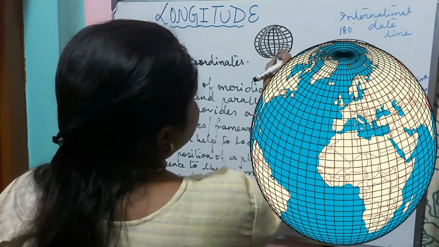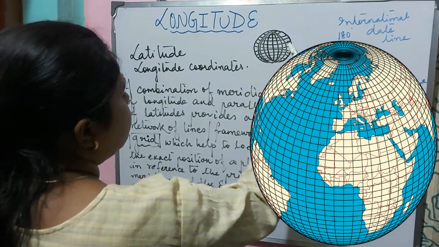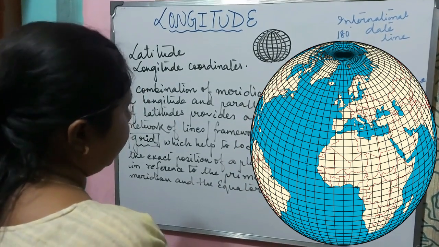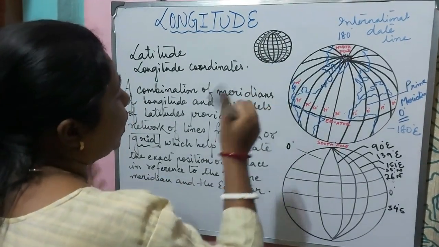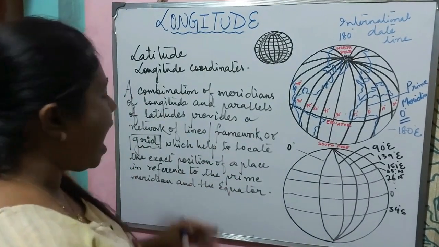See that this combination of the meridians of longitude and the parallels of latitude forms a network of lines that is referred to as a grid, and with the help of this grid we can easily locate any place in reference to the prime meridian and the equator.